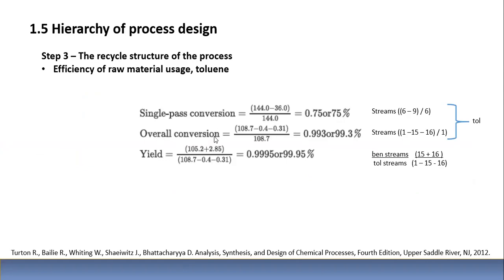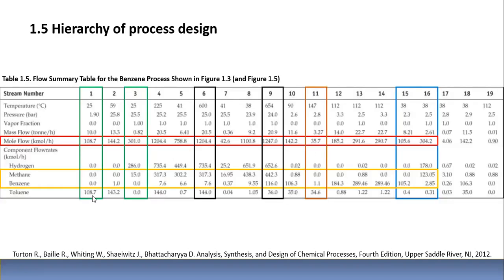Overall conversion will be taking the toluene that came in, minus what left in streams 15 and 16, and dividing by what came in, which is toluene again. On stream number 1, only toluene came in. And on streams 15 and 16, we see mostly hydrogen, methane, benzene, and 0.31 kilomoles per hour of toluene.